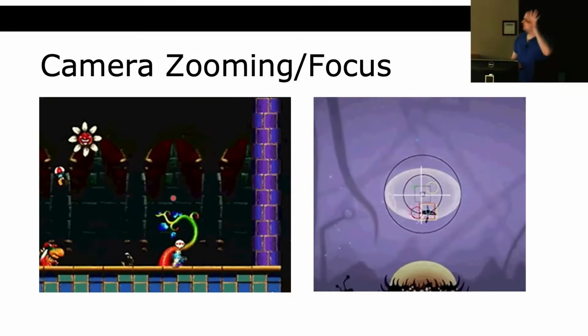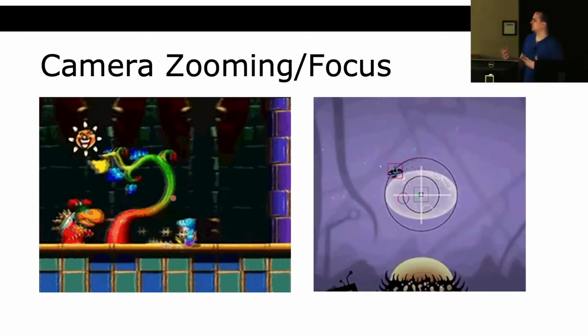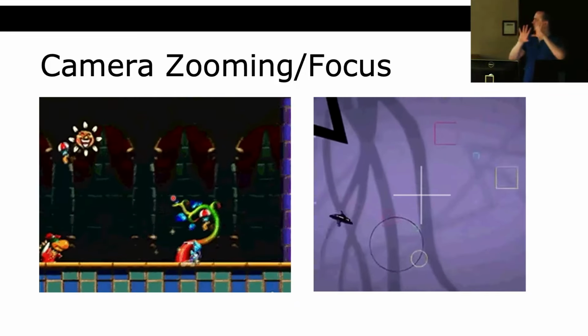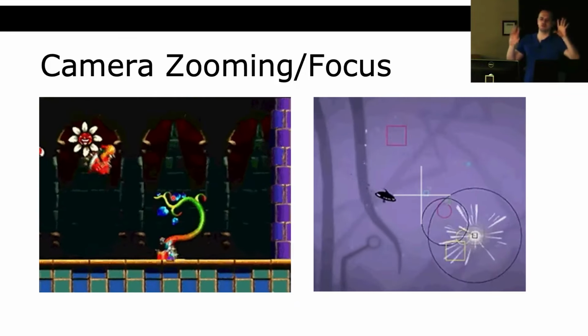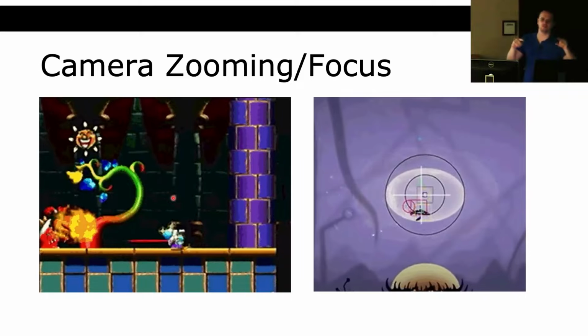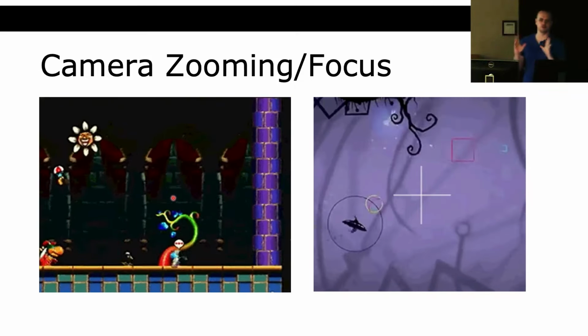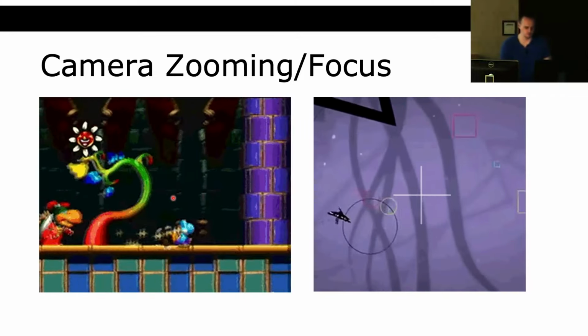So if Bowser's moving around or if you're moving around, you've got to be able to shoot this stuff at the boss. And so I want the camera to zoom out if the thing I want to be on the screen moves too far away from the player, right? And you can calculate this rectangle pretty easily and do that in your game as well.